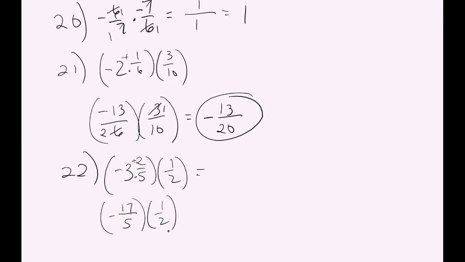Okay, is that right? Yes. All right, so one of them's negative, so the answer will be negative. And now, can I reduce 17 with anybody else? No. 2 does not go into 17. 5 does not go into 17. Nobody reduces, so it's just top times top, bottom times bottom. And that would be your final answer.